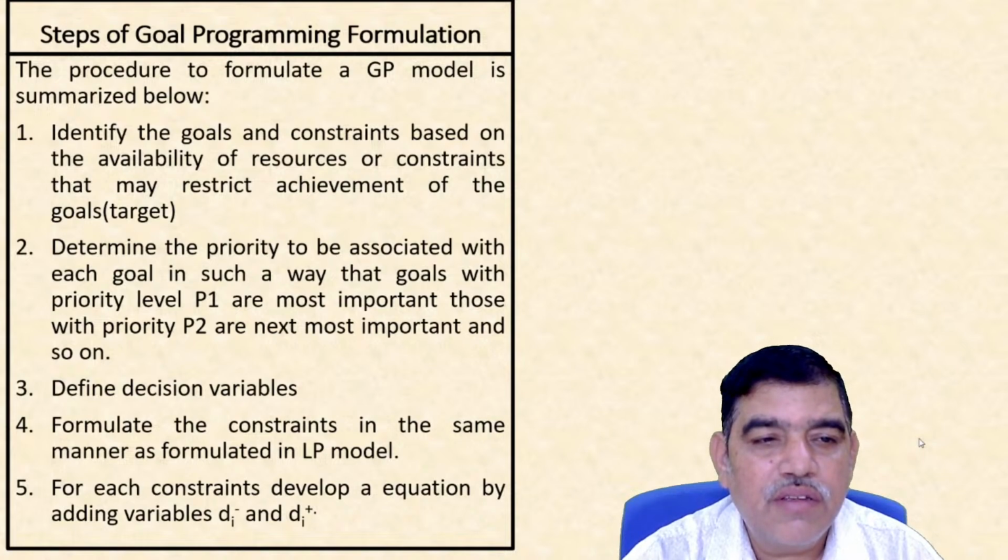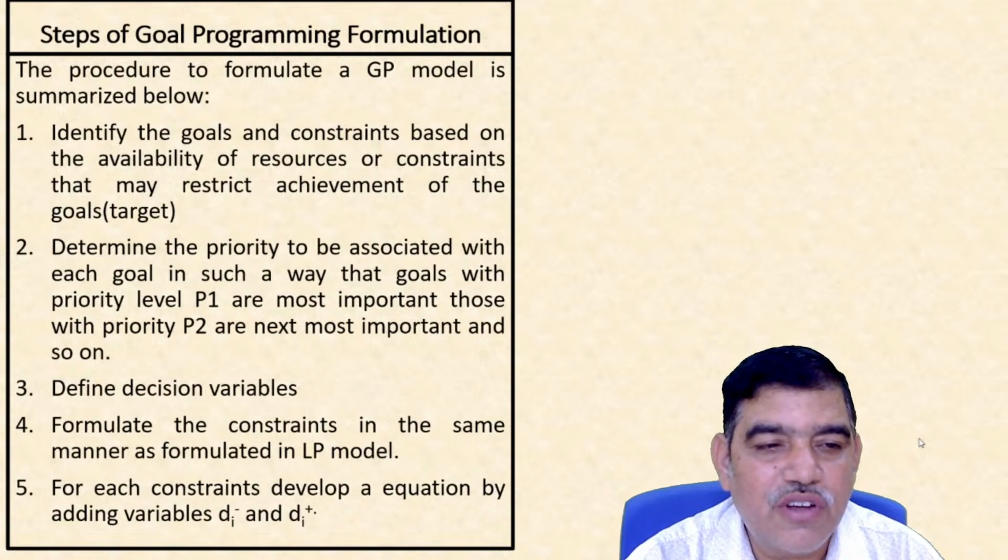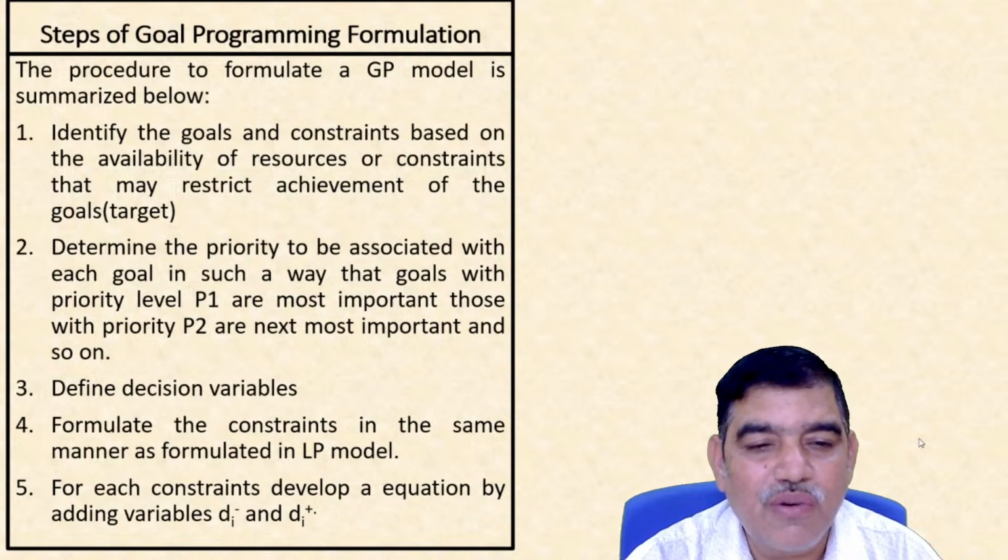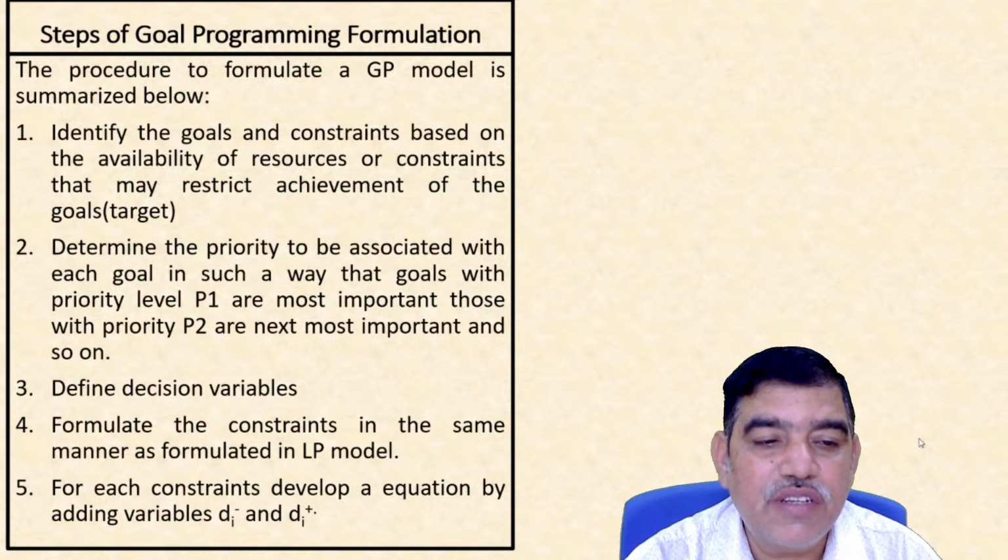The second step is to determine the priority associated with each goal in such a way that goals with priority level P1 are most important, goals with priority P2 are next most important, and so on. In goal programming, all the goals and objectives are sequentially arranged as per priority for execution.